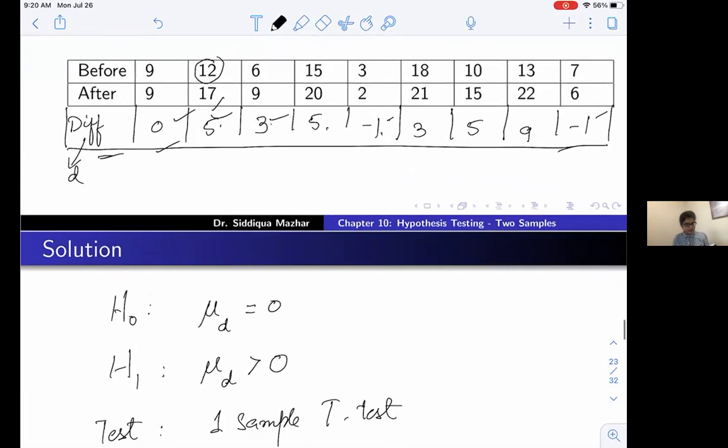I'm going to write it down, which is 0, 5, 3, 5, -1. This is how I'm going to write it down.